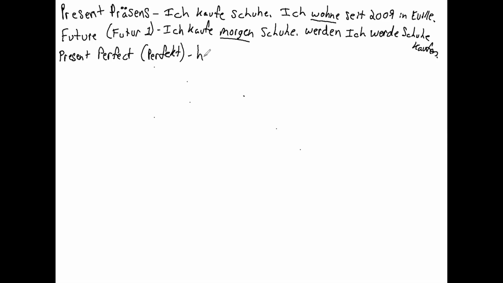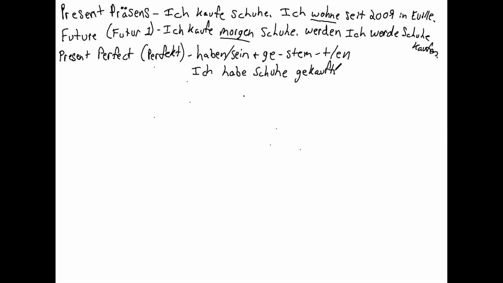This is the one that has either haben or sein, and then a past participle, which is generally made up of a GE, a stem, and either a T or an EN. Okay, so things like Ich habe Schuhe gekauft, which is just I bought shoes, okay? Same sentence as before, but this is already in the past tense. When speaking, this is what we use.